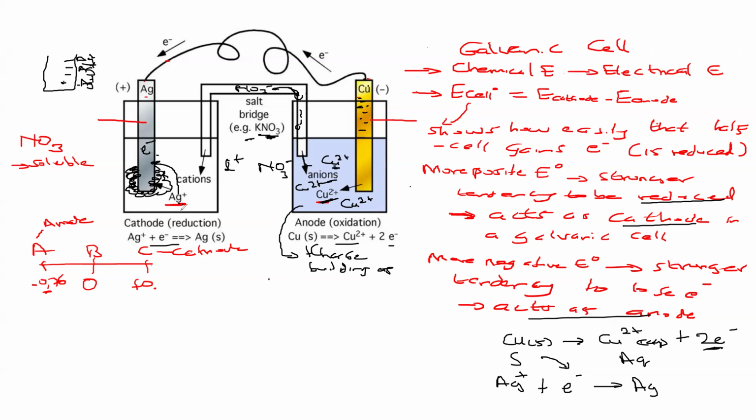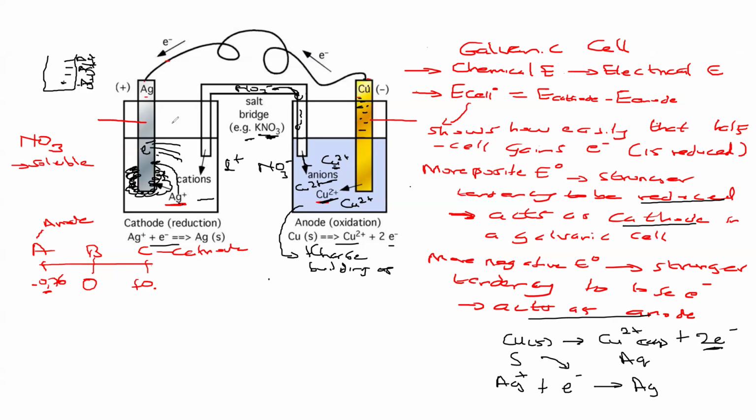But on the other hand, the silver plus ions are leaving this cathode solution, and they keep on leaving. What do we have now? We are going to have a build up of negative charges here.